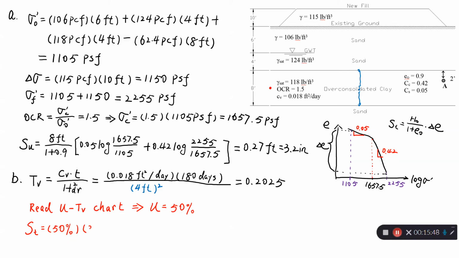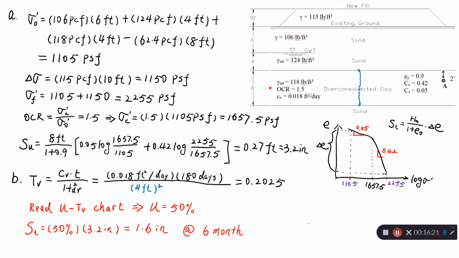So say 3.2 inches is the maximum settlement, then at 6 months, I'm gonna have 1.6 inches of settlement.